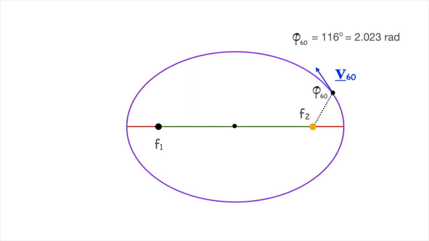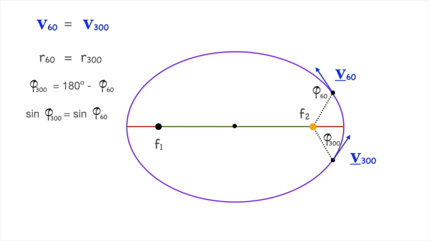We can sketch out these two solutions on our diagram of the orbit. If we put the planet at an angular position of 60 degrees and draw in v sub 60, we would find that phi sub 60 equals 2.023 radians, which was one of the initial conditions. The other solution would put the planet at an angular position of 300 degrees, and the following relationships would hold true.